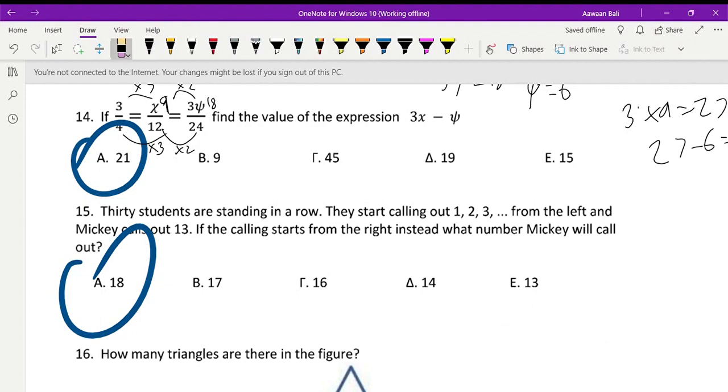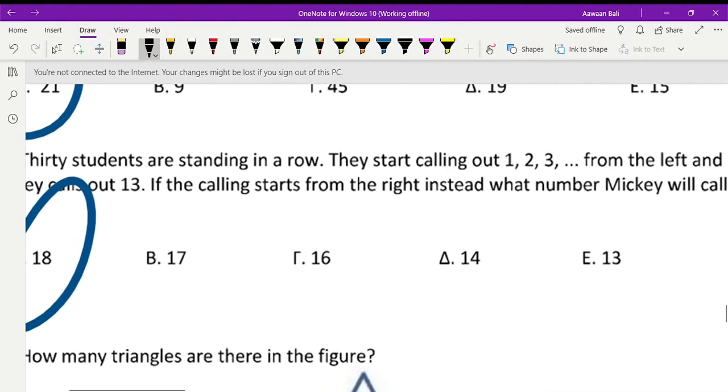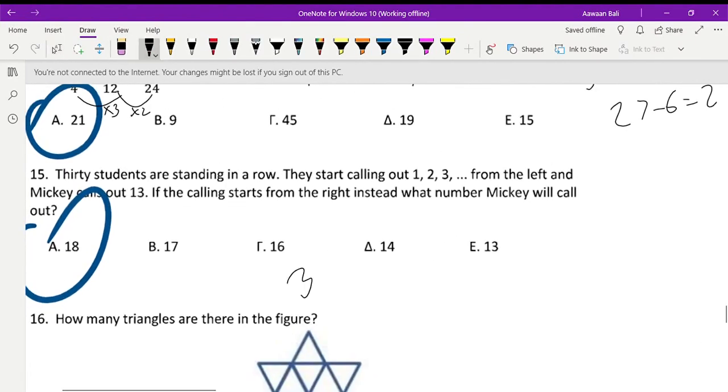So basically, what we have to do is we have to find the number of people. There's 30 students, yes. Minus the position that Mickey was in from left to right, 13. And then we add 1, because once you do that, you realize Mickey and all of the people that were before him from left to right are not there anymore.